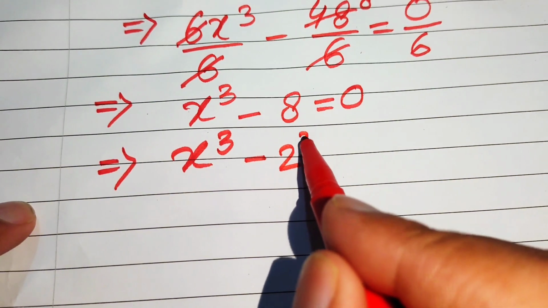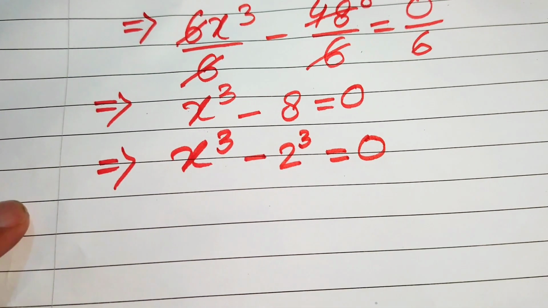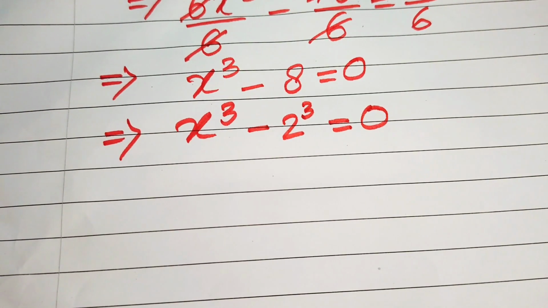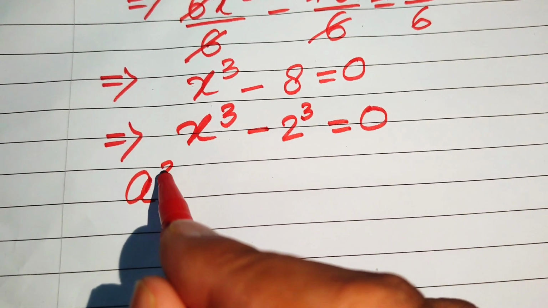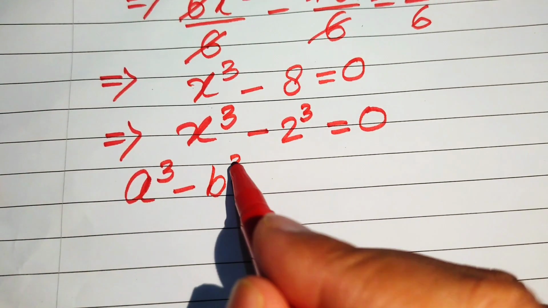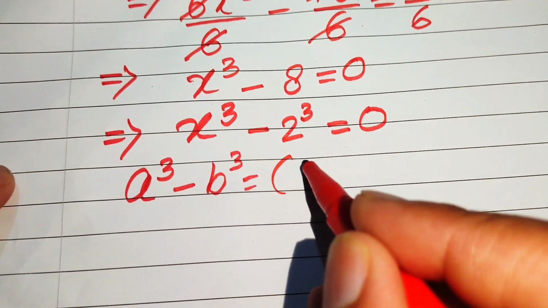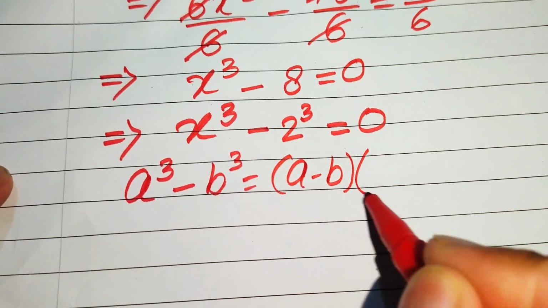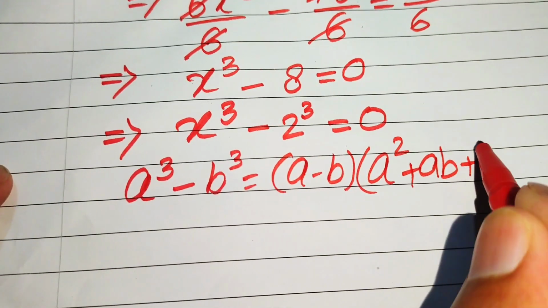We know that 8 is equal to 2³, so x³ − 2³ = 0. After that we use the cubic formula, and you know about this formula: a³ − b³ = (a − b)(a² + ab + b²).